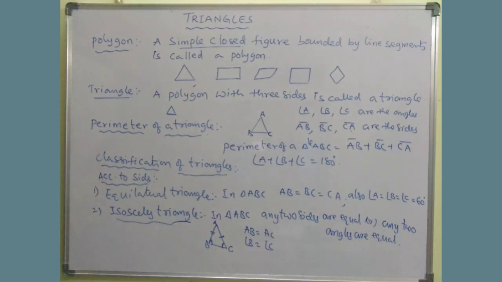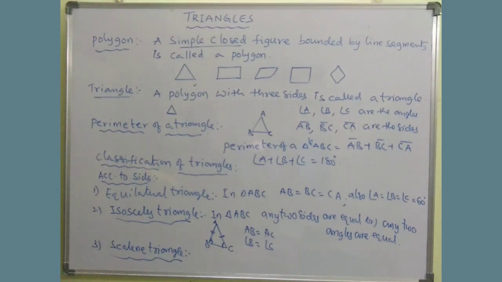And finally the third one is the scalene triangle. Very simple. If no 2 sides of a triangle are equal in length, then it is called a scalene triangle.